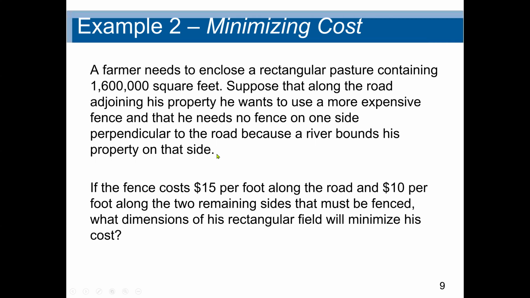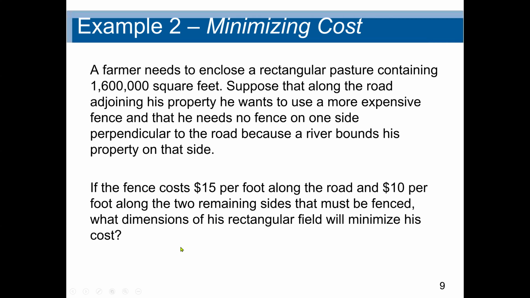So he doesn't need a fence because of the river. The question says the fence costs $15 per foot along the road and $10 per foot along the 2 remaining sides that will be fenced. What dimensions of the rectangular field will minimize its cost?